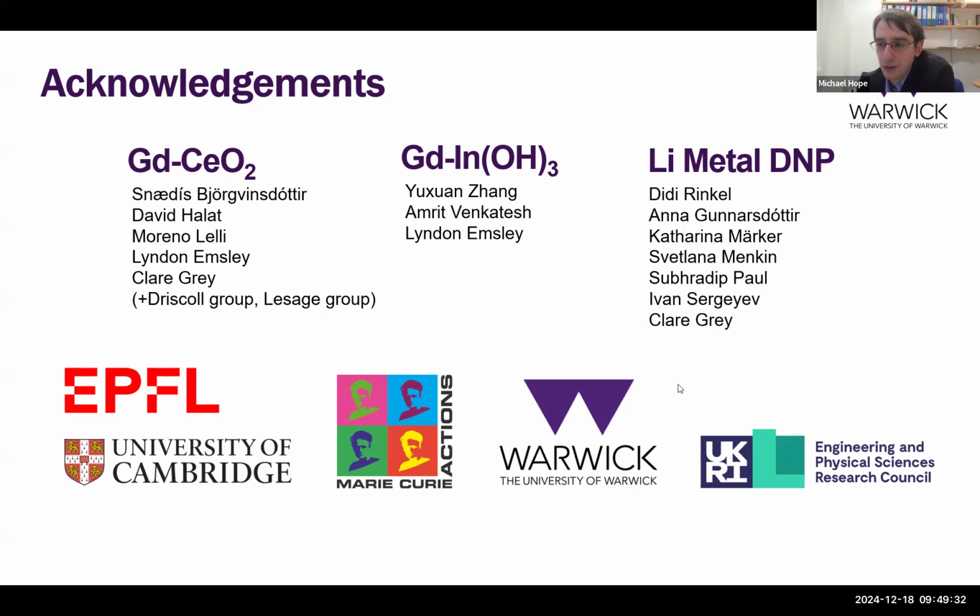So that comes back to when should you use DNP? I would say there are two reasons. The number one reason is when you need sensitivity to do an experiment that would simply take too long to be possible at room temperature. There are lots of examples of that. Natural abundance oxygen is a nice example, because there we're limited by sensitivity due to the low natural abundance.